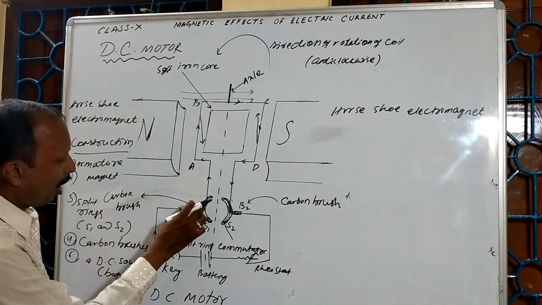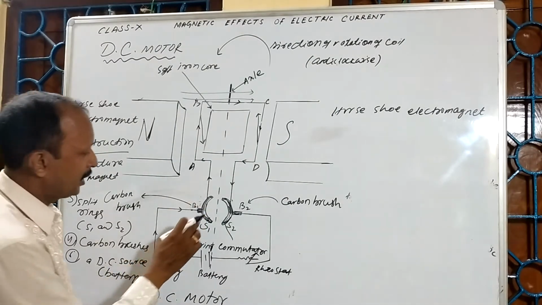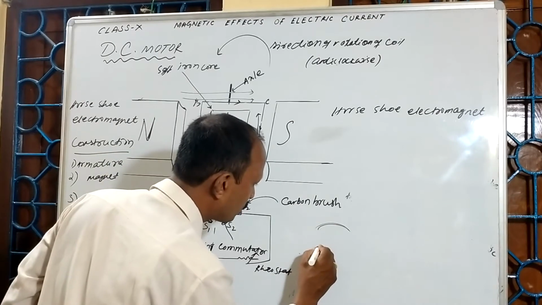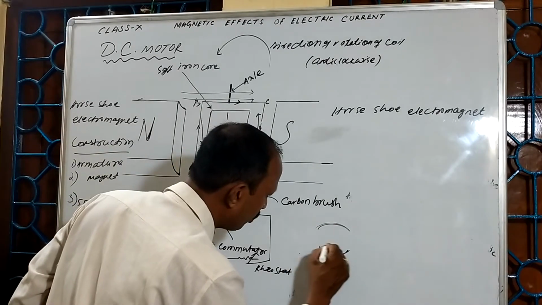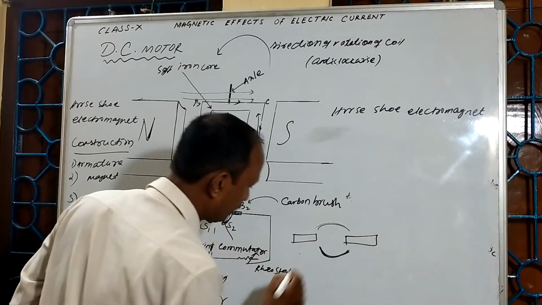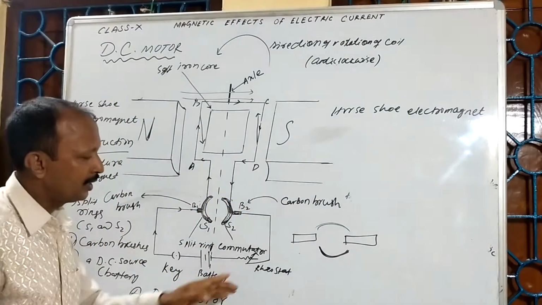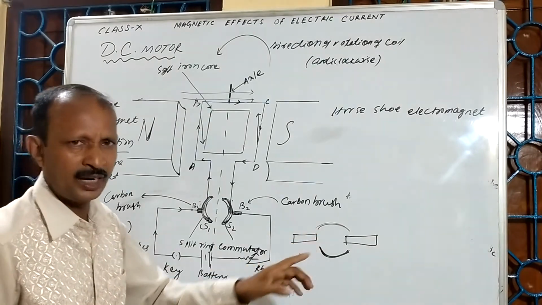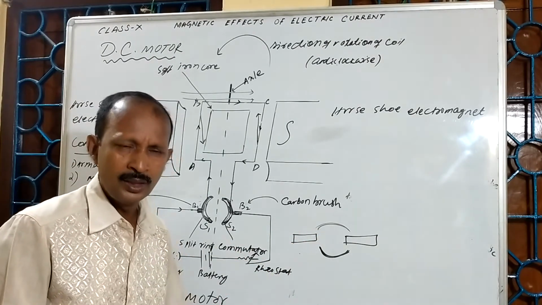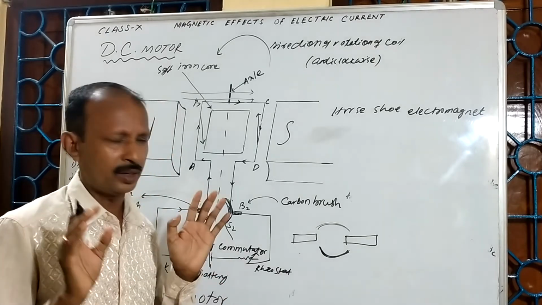When it comes to the vertical position, these two split rings will be like this. That means after 90 degrees, there is no supply of current, so no force will act on the conductor.